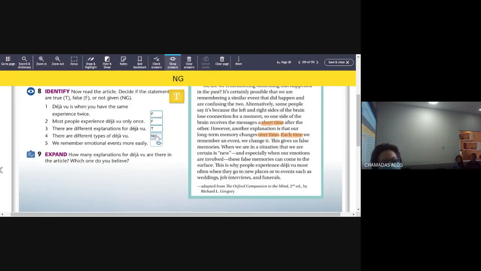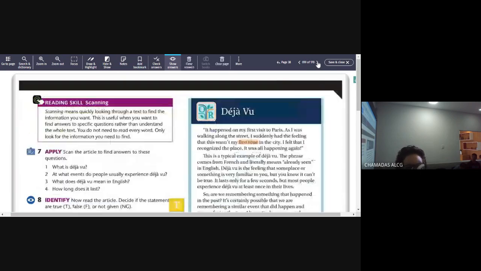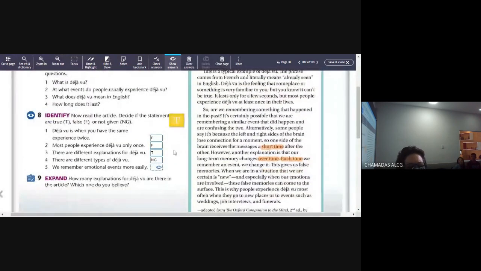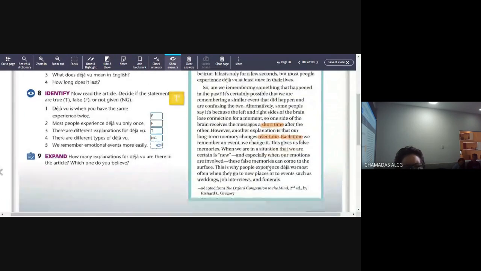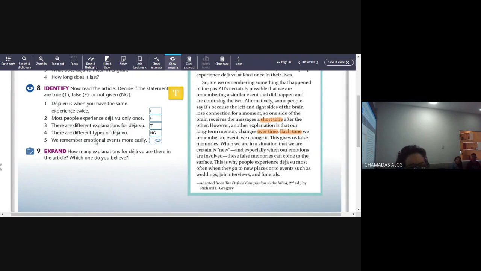Not given. It's not given. Here, they don't say the different kinds of déjà vu that we have. Okay, they don't really explain that. They say the different situations, but not the different kinds of déjà vu. You're going to see in a while.